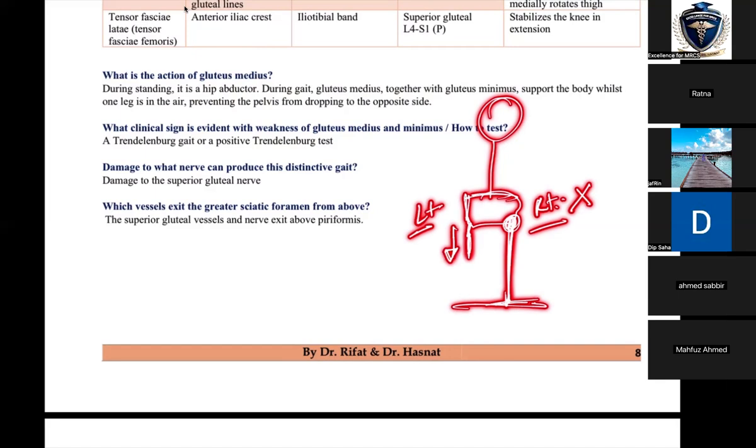Because this sided gluteal medius and minimus can't hold or stabilize the hip joint. That's why if this condition happens, the patient leans his whole body towards the affected side to make a proper balance. Everyone, are you getting me? Please let me know. That means they are maintaining the pelvis in a position.